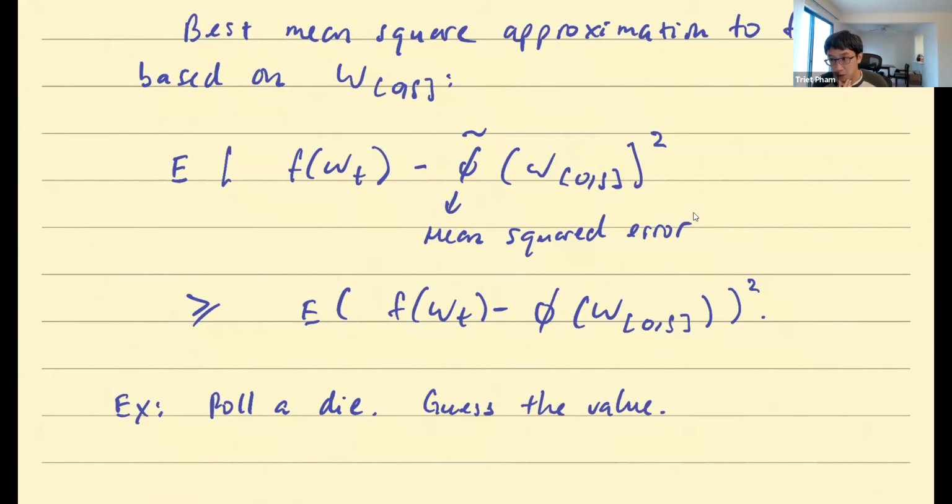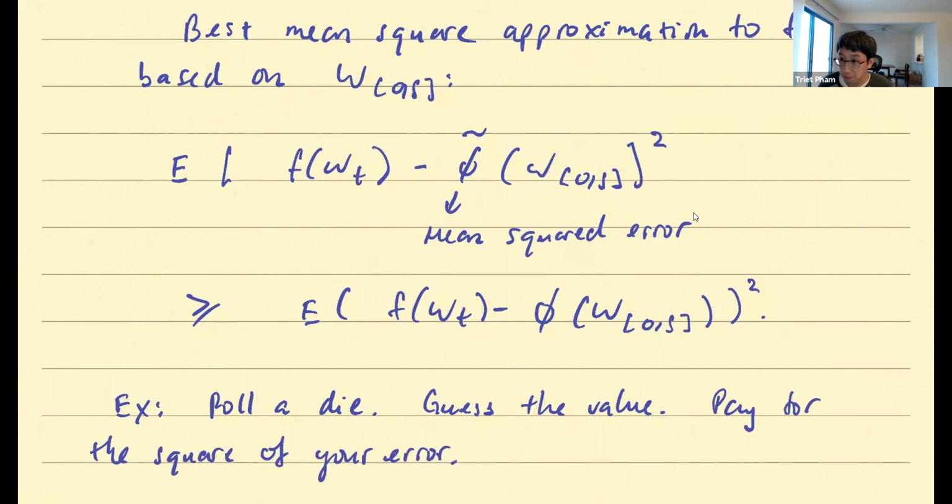But the point is that you pay a cost for your error. You guess a number, the die rolls out, and you pay the square of the error from the actual outcome. Does that make sense? It's a silly game, but what guess should you make to minimize your payment?